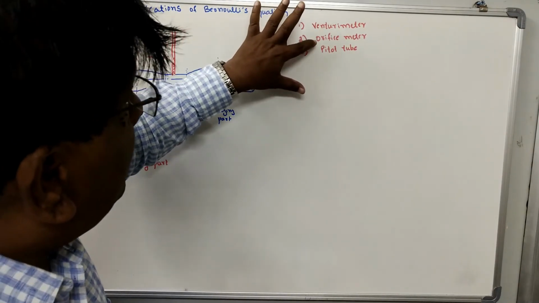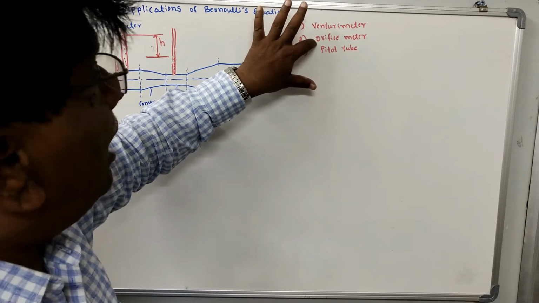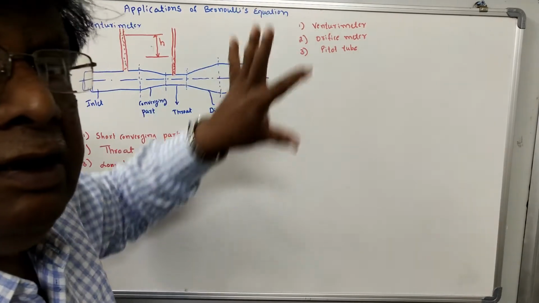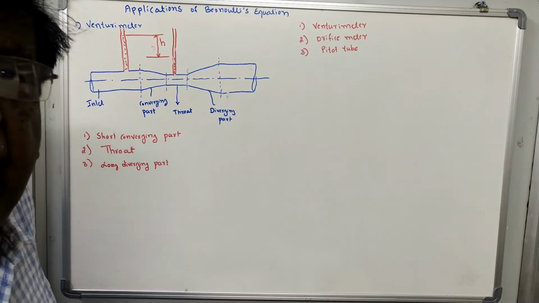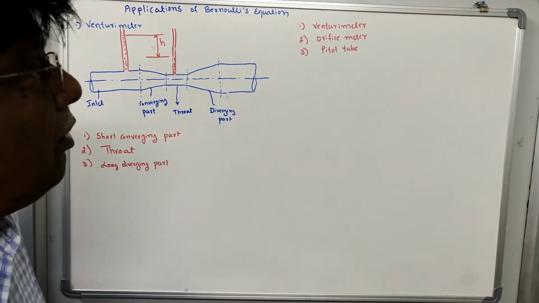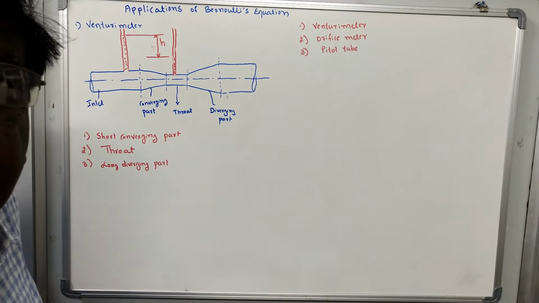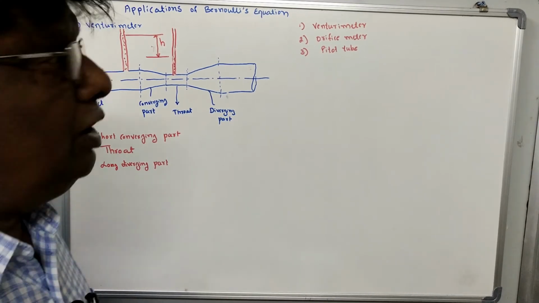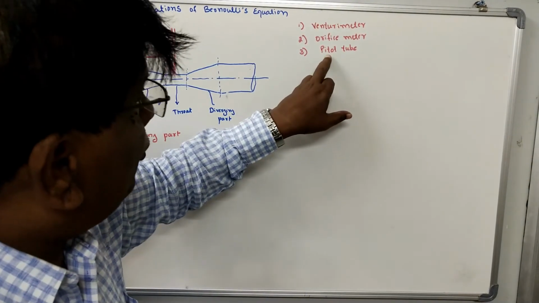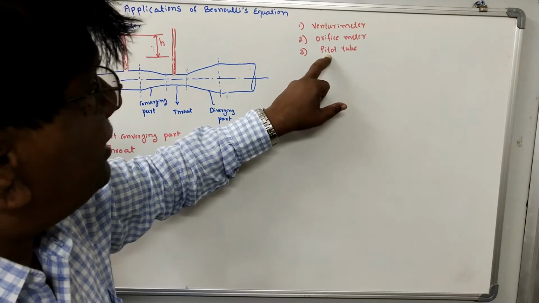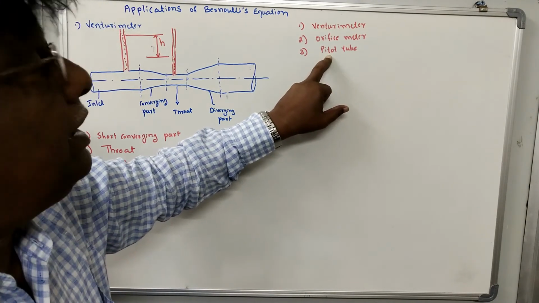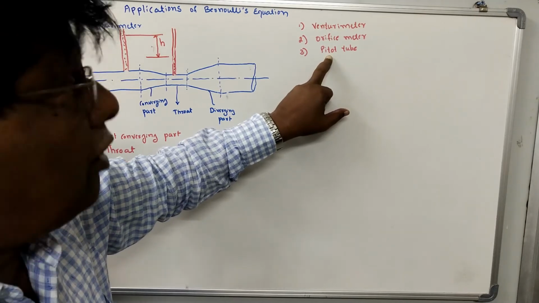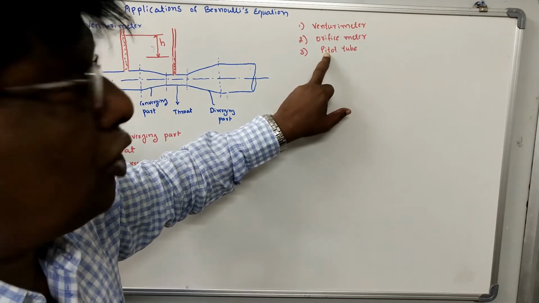Venturimeter and orifice meter are the devices which are used to measure the rate of flow or discharge in the closed conduit, and the pitot tube is a device which can be used to measure the velocity in the open channel as well as in the closed conduit.